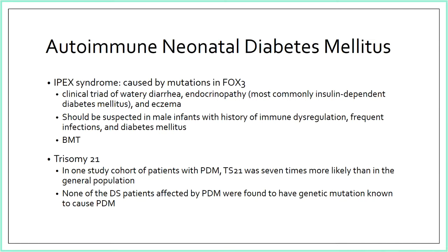So in one study, there was a cohort of patients with permanent neonatal diabetes mellitus, and they found that trisomy 21 was 7 times more likely to be seen in that cohort than in the general population. And none of the Down syndrome patients affected by permanent neonatal diabetes mellitus were found to have a genetic mutation known to cause permanent neonatal diabetes mellitus.